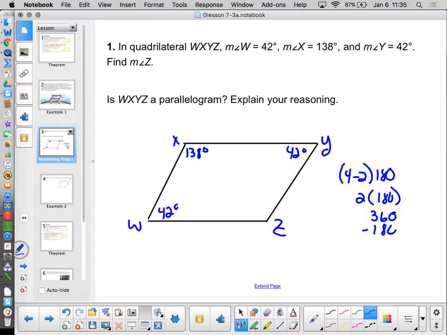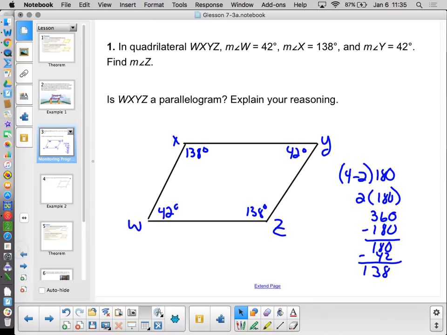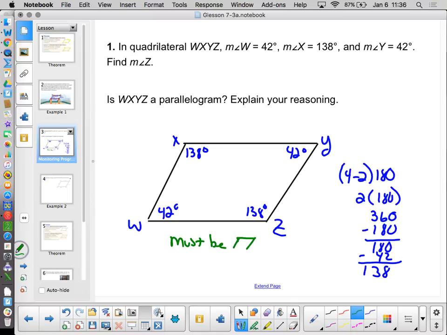So subtract the 180, I'm left with 180 remaining, and subtract another 42, and I'm left with 138 for my last angle. Guess what? Both pairs of opposite angles are congruent, aren't they? Therefore, this must be a parallelogram, because both pairs of opposite angles are congruent.